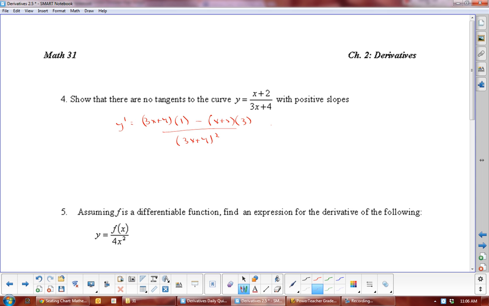Okay, so this would be 3x plus 4 minus 3x minus 6 all over 3x plus 4 squared. Okay, 3x's are going to cancel each other, and 4 minus 6 is negative 2 over 3x plus 4 squared.